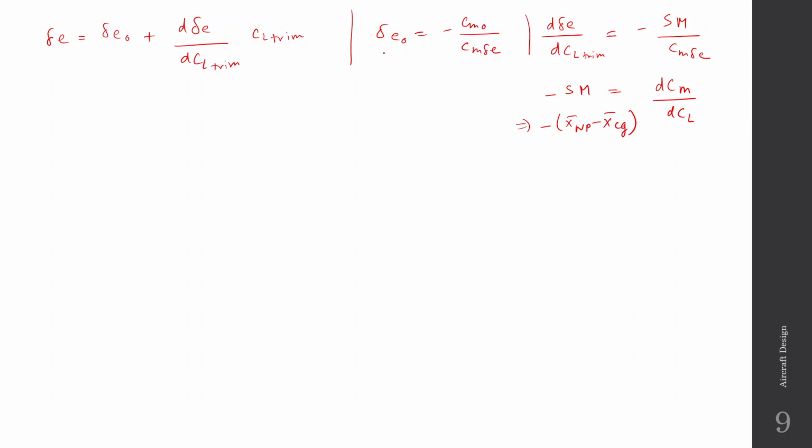So delta E naught is equal to Cm naught by Cm delta E negative, and d delta E by d CL trim is the negative of static margin by Cm delta E. Further we can write static margin is equal to x bar NP minus x bar CG.